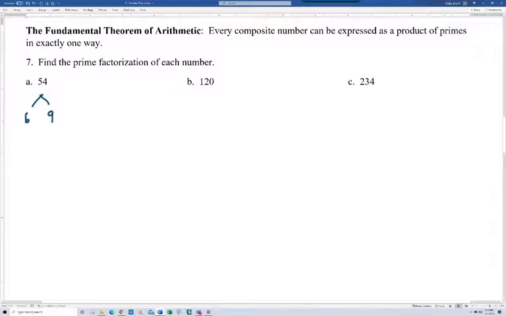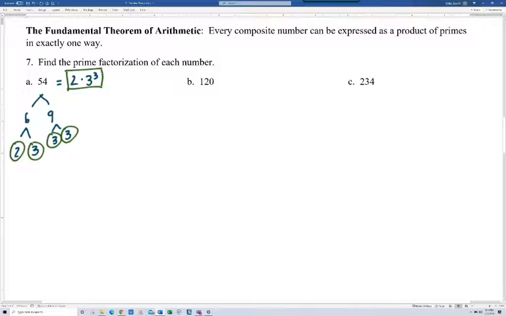And neither of those are prime. Well, 6 can be written as 2 times 3, and those are both prime. So notice I'm going to circle those. And 9 is 3 times 3, and so those are both prime, and so we can write 54 as 2 times 3 to the third power.